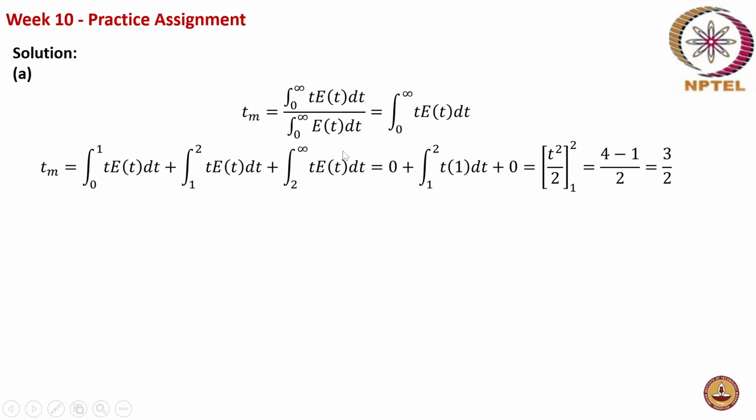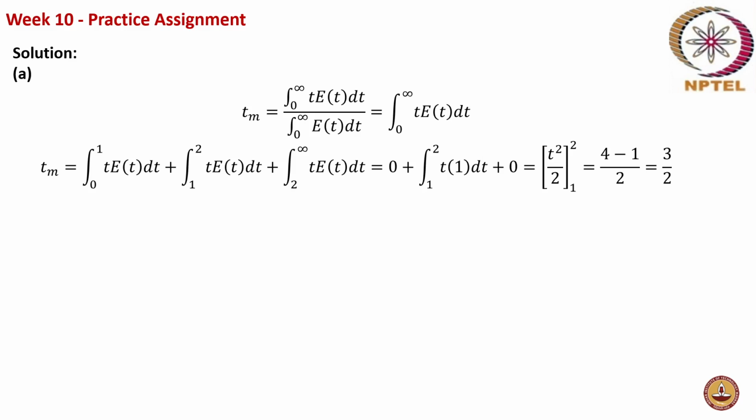Here again the E of t value is equal to 0, which means the total value is 0. So there is a specific value only for the range of 1 to 2. That means the mean residence time is given by integral 1 to 2 t dt.